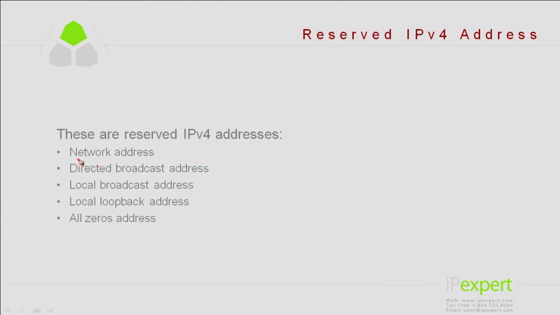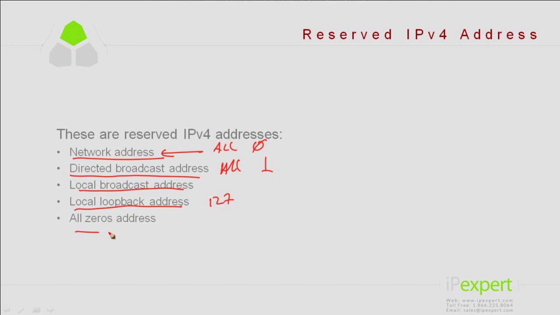Like I mentioned previously, the network address is where it's all zeros. The directed broadcast address is where all the host bits are ones. Then we have a local broadcast address, a local loopback address, that's the 127 we were talking about, and then the all zeros address.